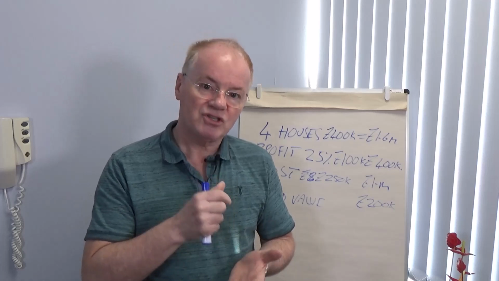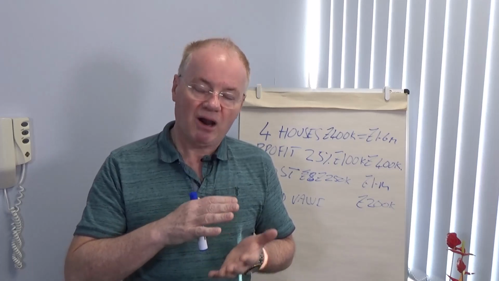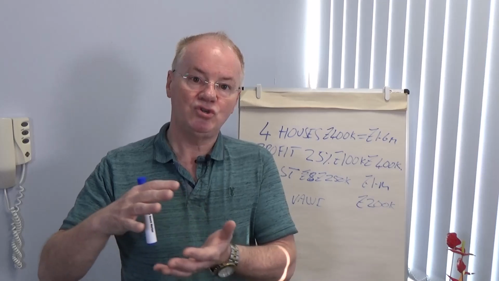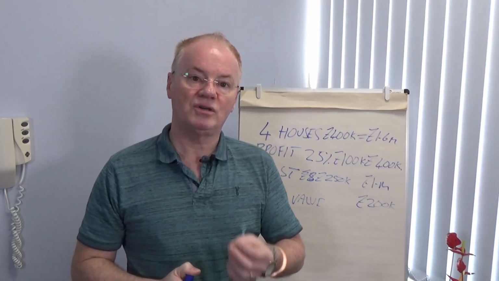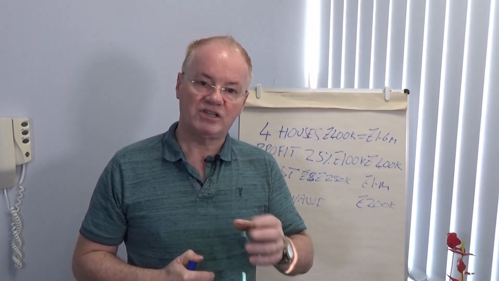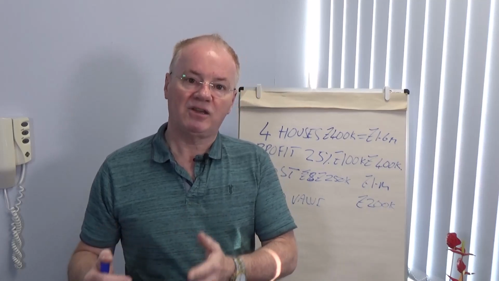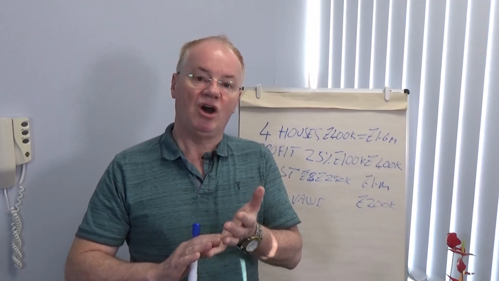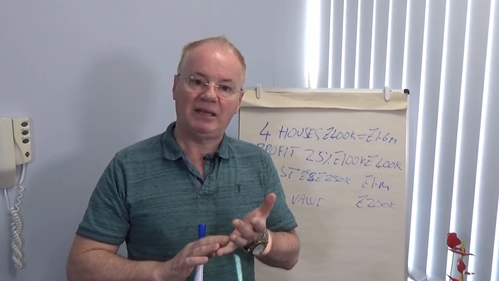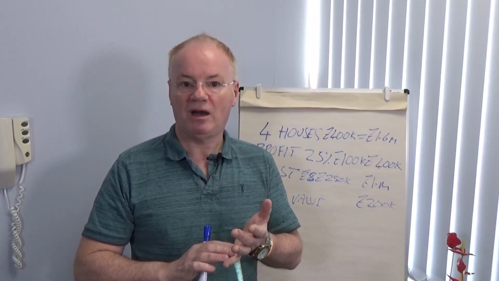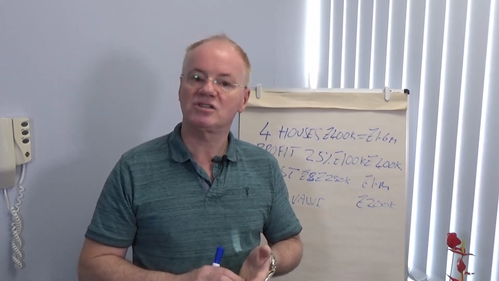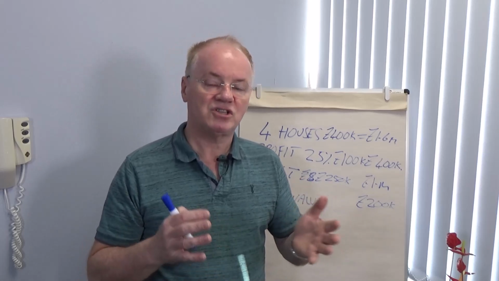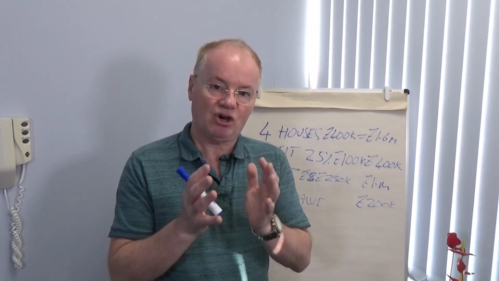Well, that 170,000 is partly going to go to the landowner, but you should be sharing in that in order to cover the risk that you're taking by going for the planning permission, because you're going to have costs of getting the planning permission in the first place. That's going to be architects' fees, town planning consultants' fees, and all the various surveys that they're going to ask for. There's a cost to that.